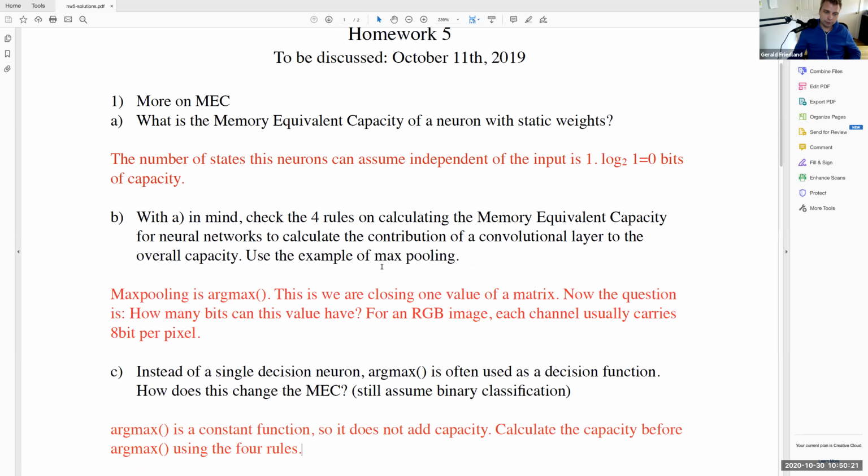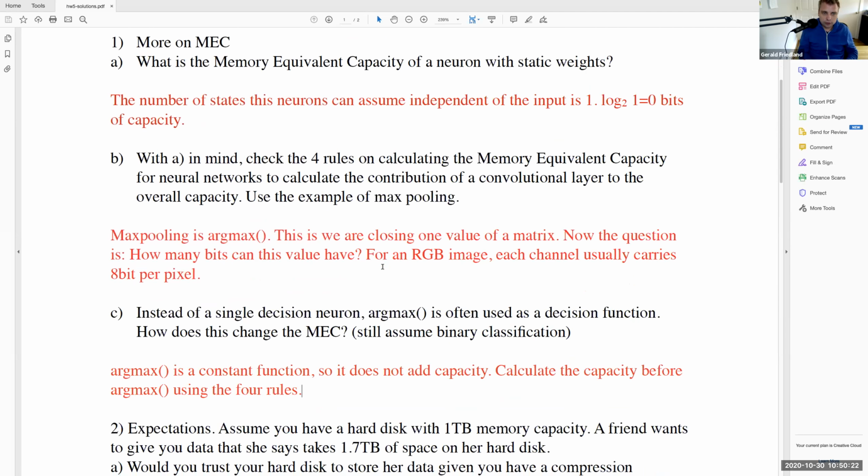If you take max pooling, for example, it's just an argmax of the matrix that's coming in. So we're basically choosing one value of an entire matrix. Now the question is, how many bits can this value have? For an RGB image, each channel usually carries 8 bits. The maximum value could be 255 in each channel, but the actual maximum capacity is 8 bits.